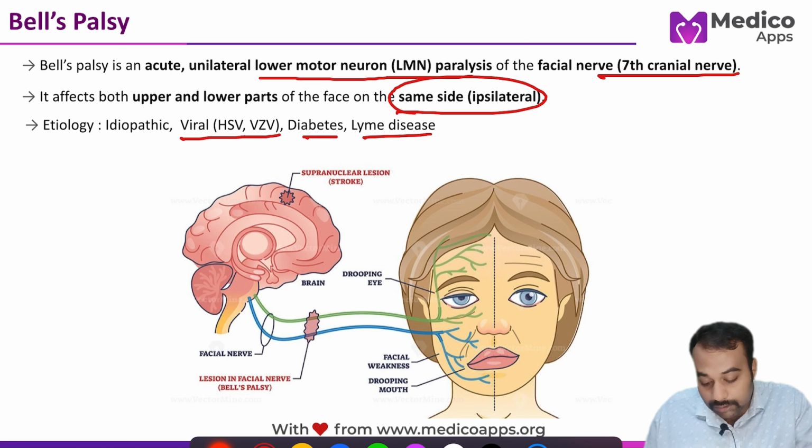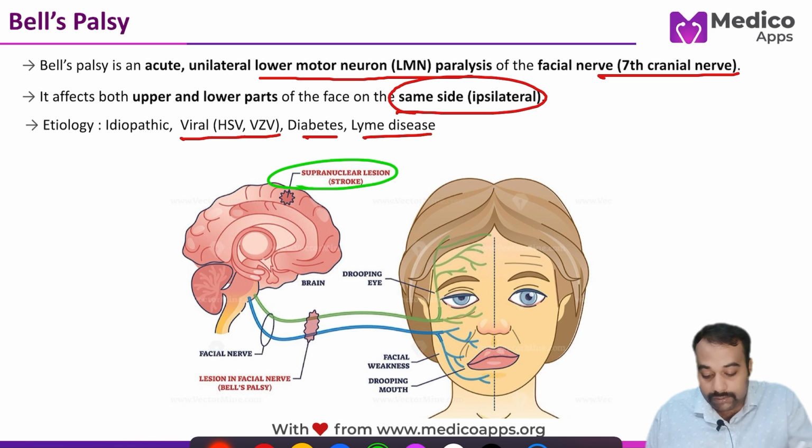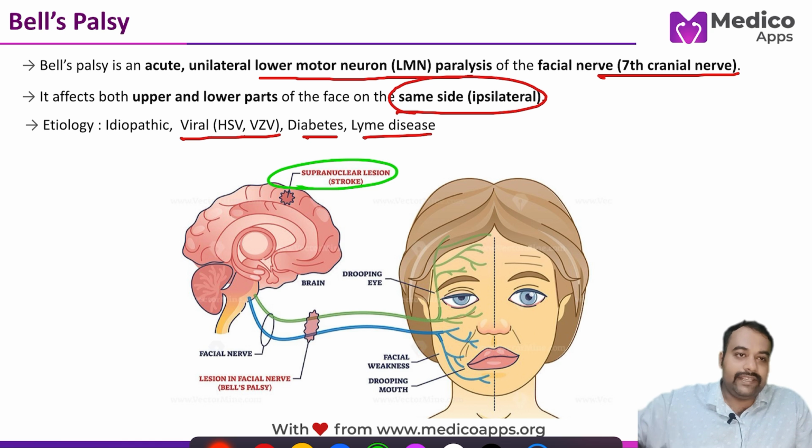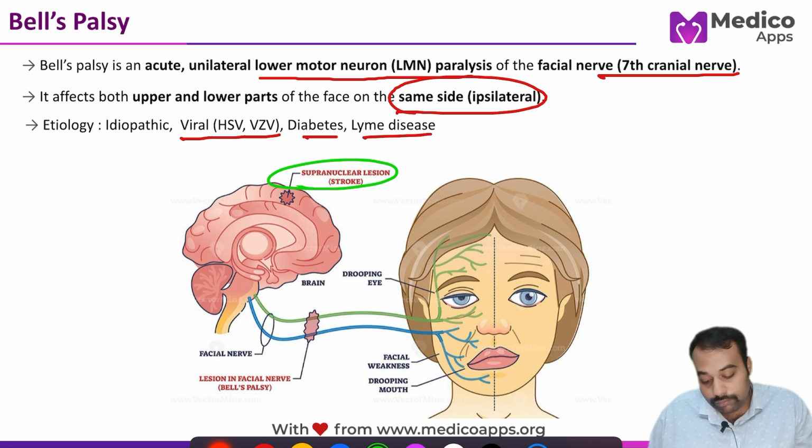In this image you can easily see that in case of supranuclear stroke, it's basically an upper motor neuron lesion. So any lesion that involves any tract that stays upward from the facial nerve nucleus is your upper motor neuron lesion.